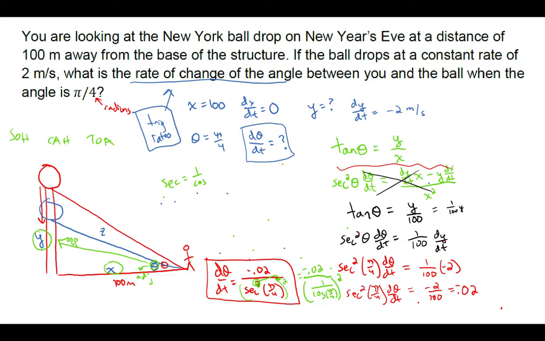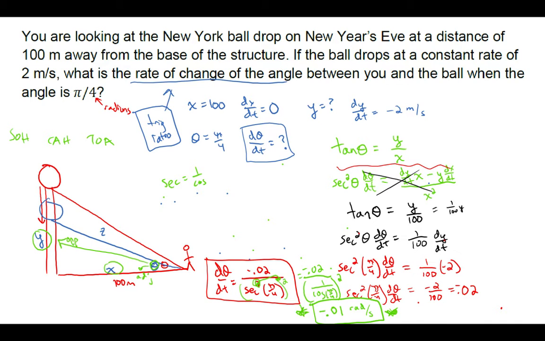Again, make sure your calculator's in radians, and you want to square that whole denominator, and you will get -0.01. And the last thing we need to think about is what is the units here. Well, our angle is in radians, and it is a rate of change because it's a d theta dt. So it's going to be radians per second. Radians per second. That is our answer.